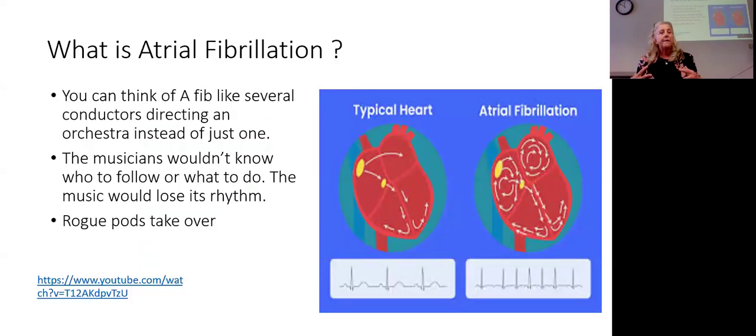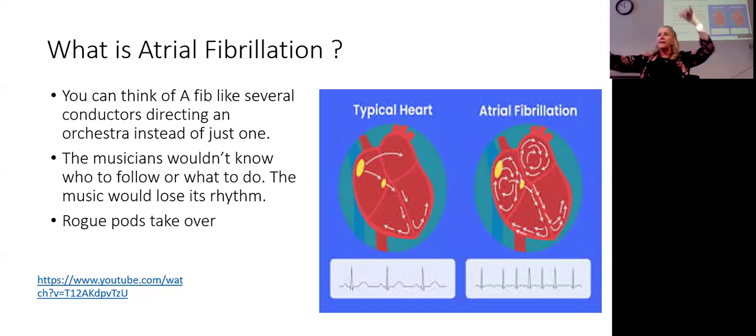You can think of atrial fibrillation like several conductors directing an orchestra instead of just one. Imagine you had the main conductor up there who really knew what they were doing, and you were used to that conductor, and all of a sudden you look up and there are four other conductors up there.